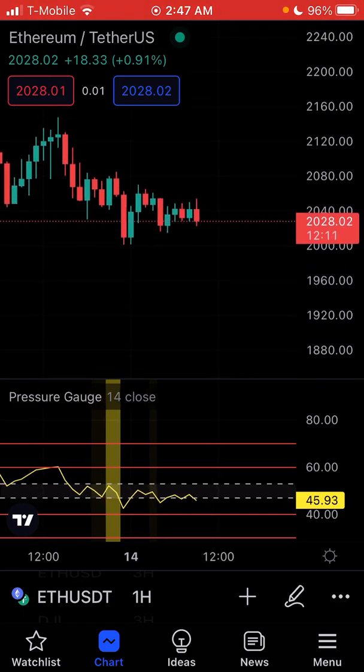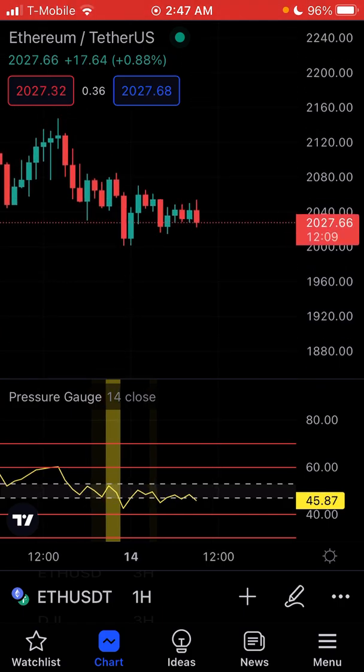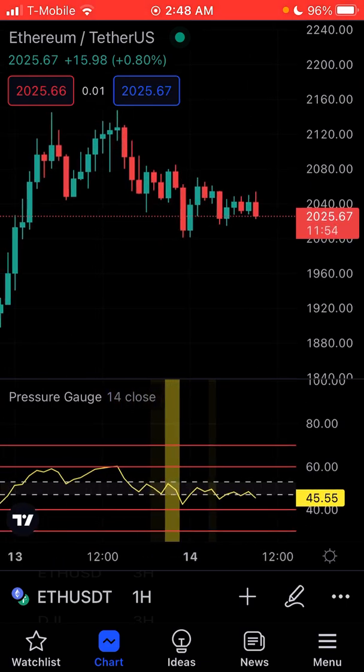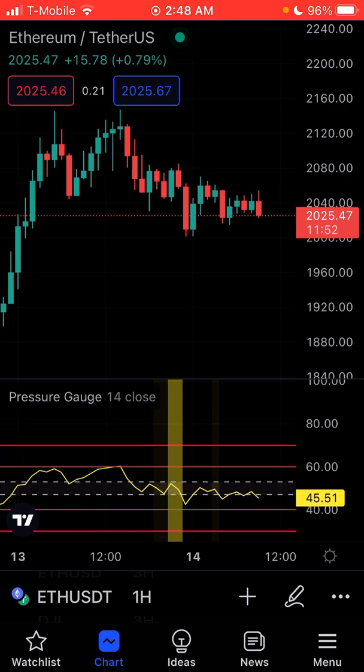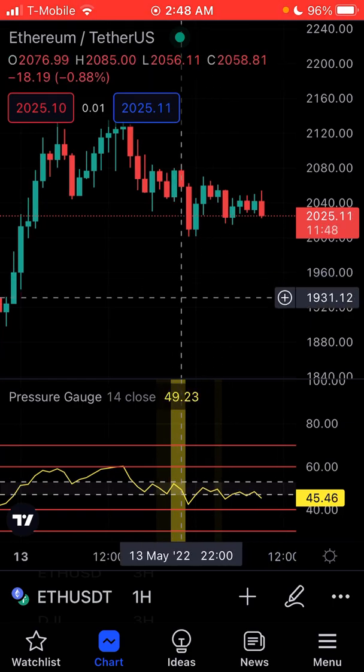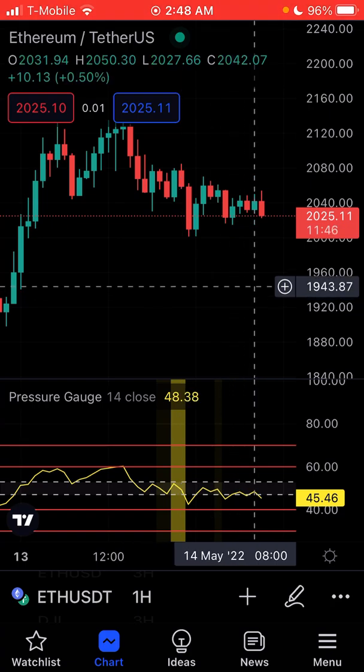Let's say the bull market starts and you see these, it will be a good indication that there's going to be an uptrend. But what I do, and I'm going to go over the other indicator that kind of helps. You can see those little yellow bars. Those yellow bars will show you when the market is either going to go down or up significantly.